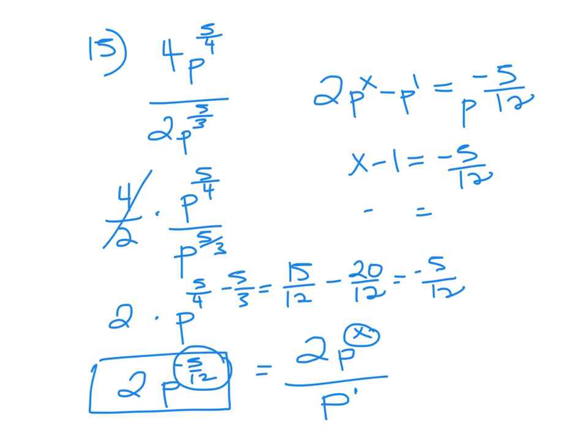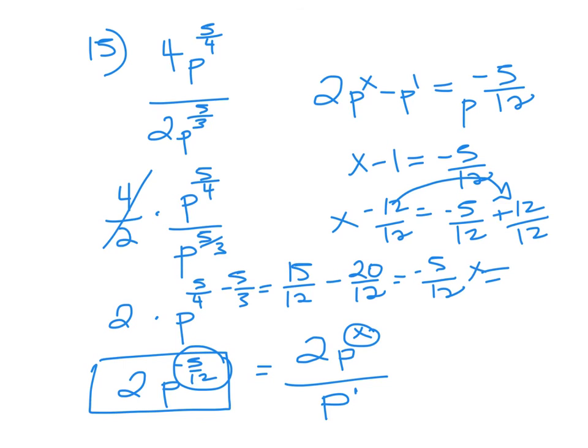Negative 1, to give it the same denominator, looks like this: x minus 12 over 12 is equal to negative 5/12. And then using algebra, I'm going to bring over the 12 over 12 over here. And that means that x is equal to negative 5 plus 12, which gives me 7 over 12.